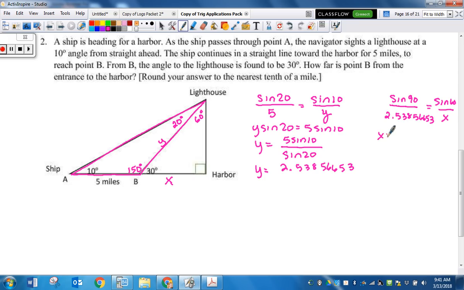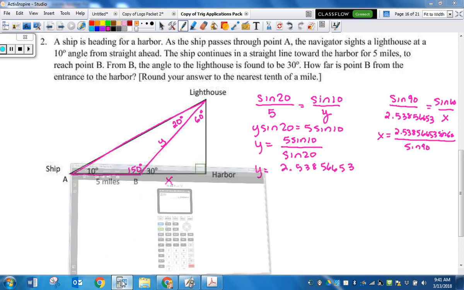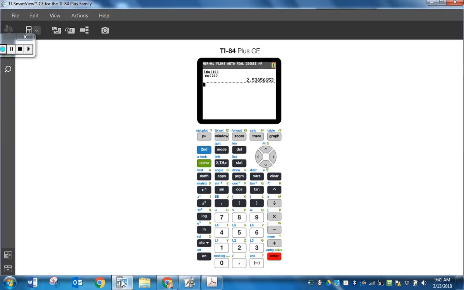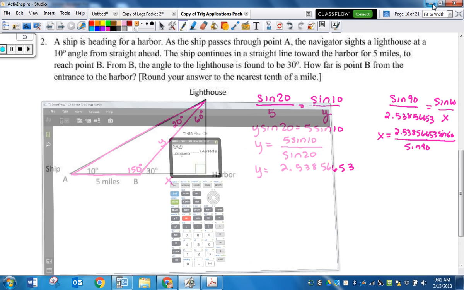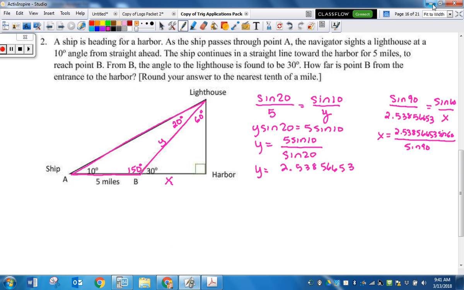And so ultimately x would equal 2.5385663 times sine 60 over sine 90. Go to my calculator, take this value, keep the fraction key here first, put this one in, times sine of 60.